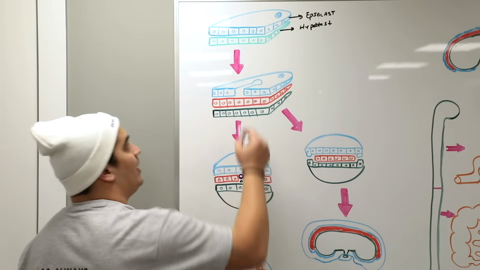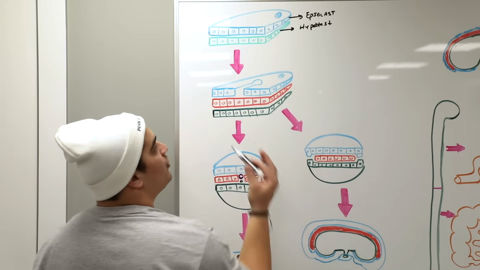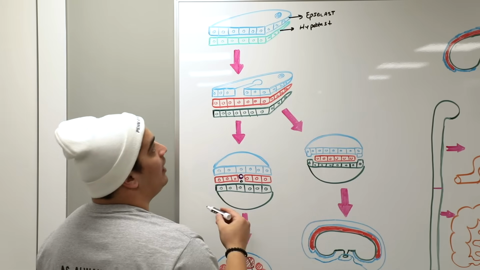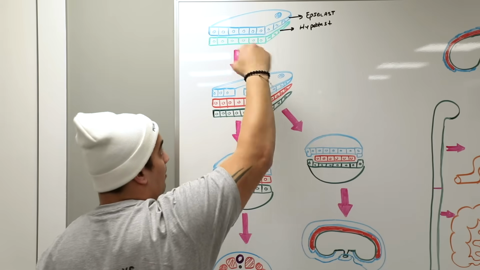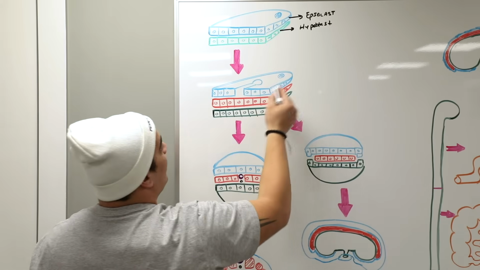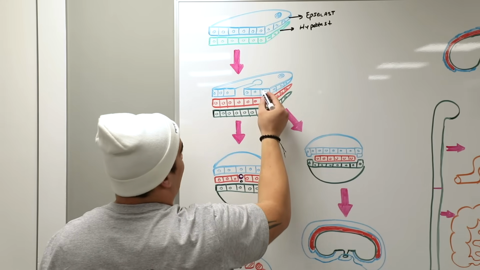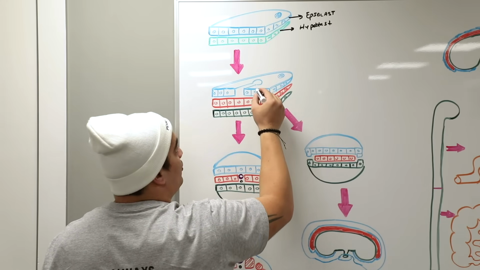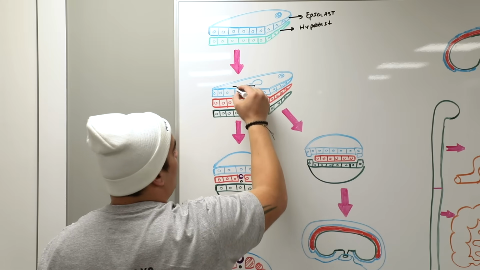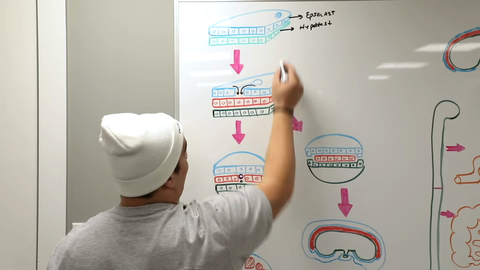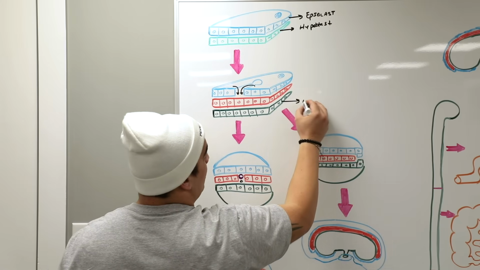Remember what happens, you get a little primitive streak that forms right here in the epiblast, and then those epithelial cells, or epiblast cells, will start moving down through that, right? And whenever they do that, as those epiblast cells move through that primitive streak, they first move down, and they replace the hypoblast and turn this into endoderm.